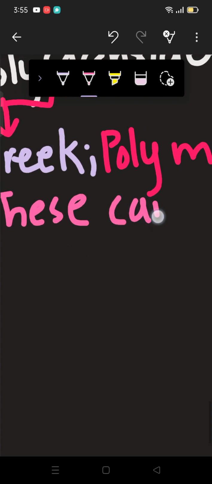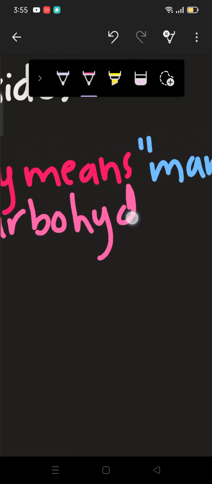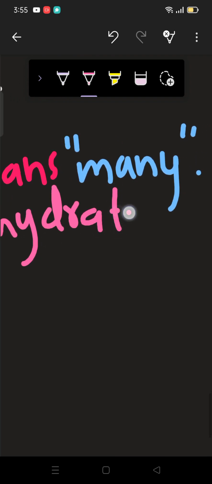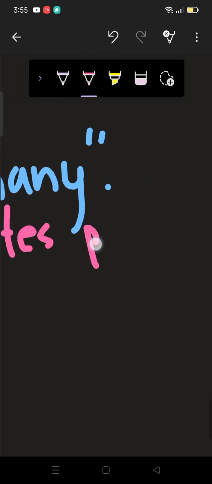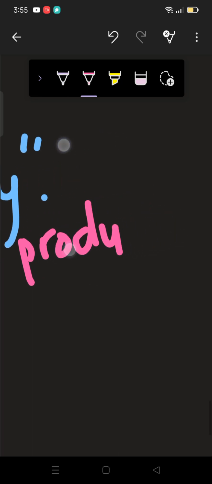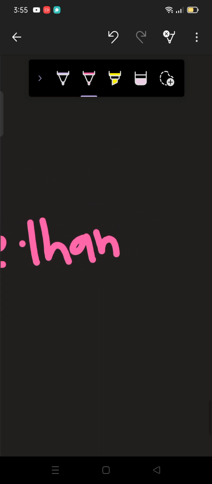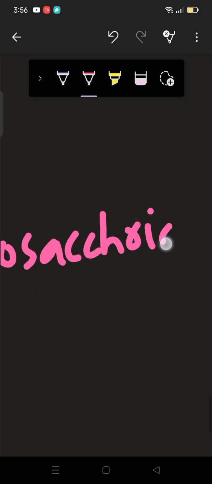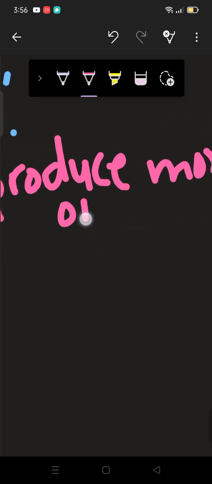These carbohydrates produce more than 10 monosaccharides on hydrolysis.